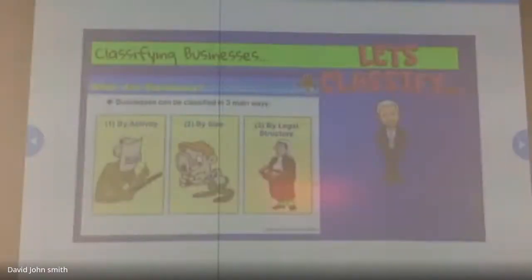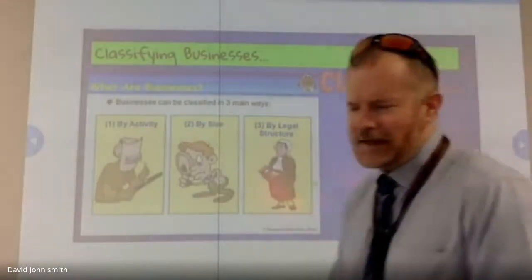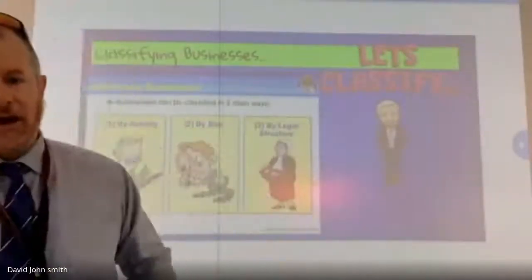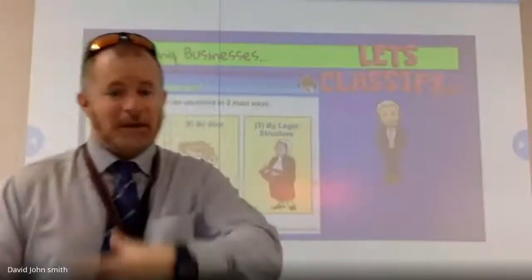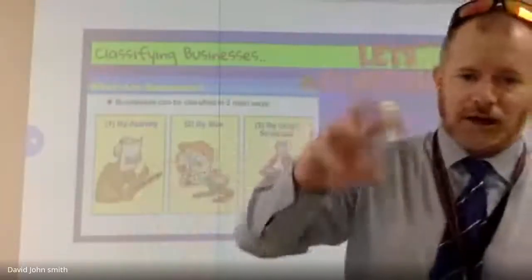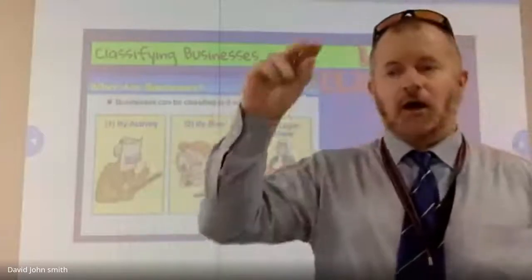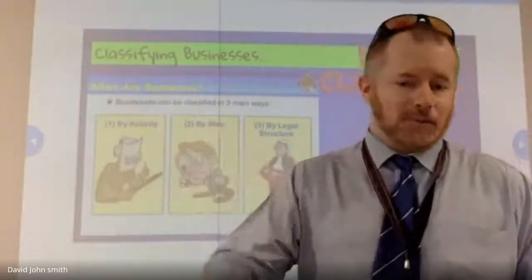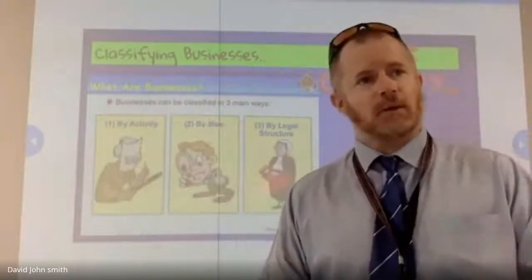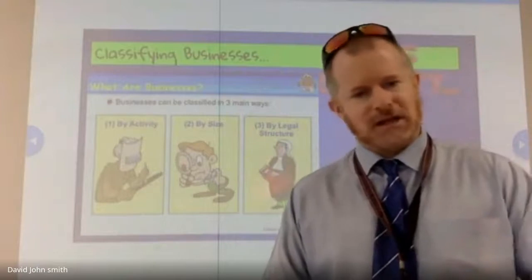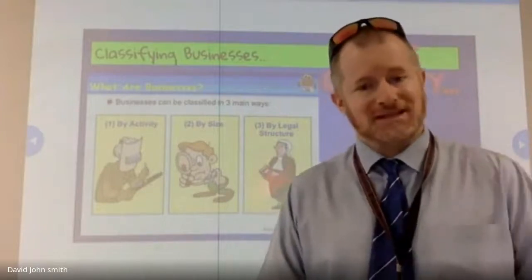Right, ladies and gentlemen, let's start thinking about something called classification. If you've done sciences, you're probably very familiar with the idea of classifying things, of putting things into groups. In business economics, one of the things we're interested in, and I know it sounds a bit odd, is how successful businesses are.